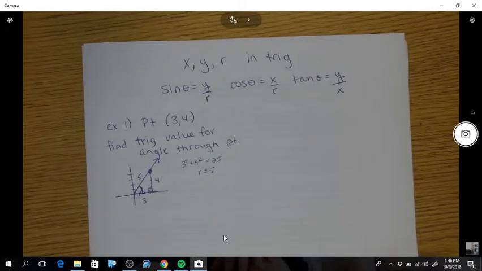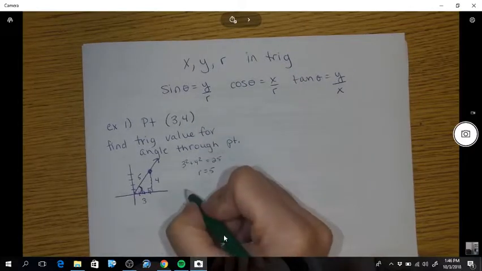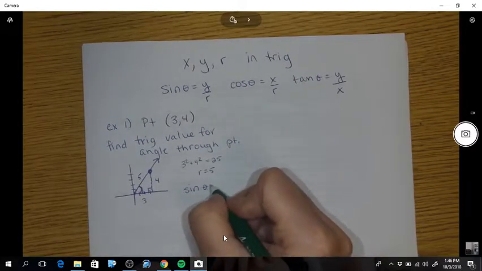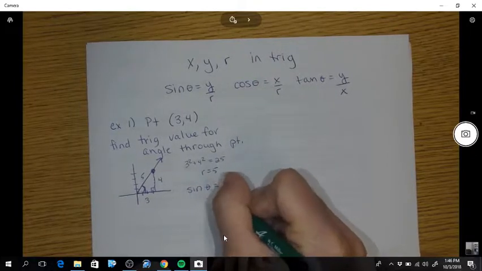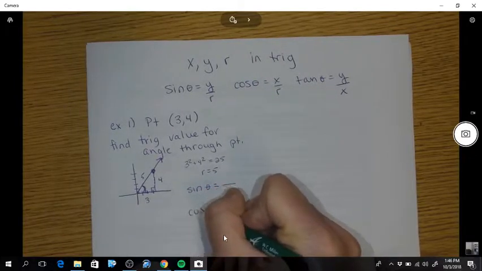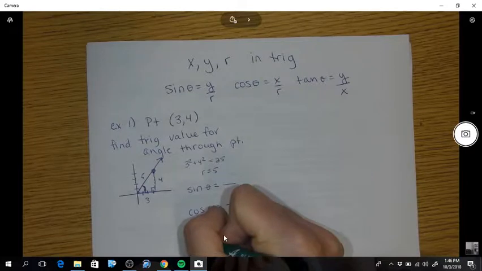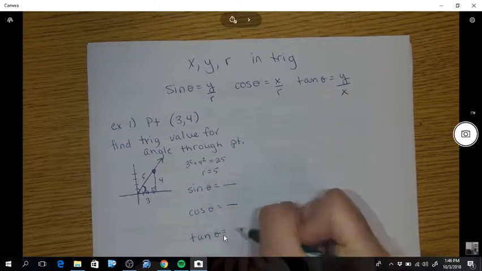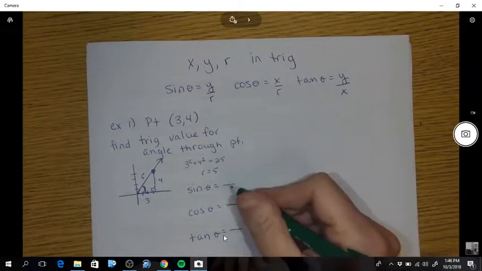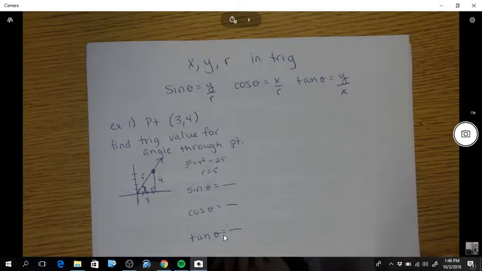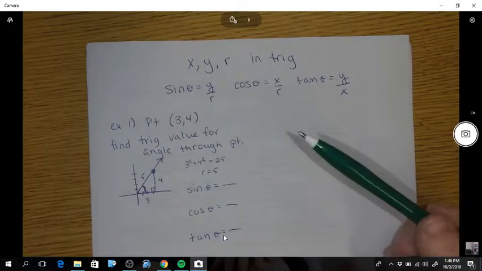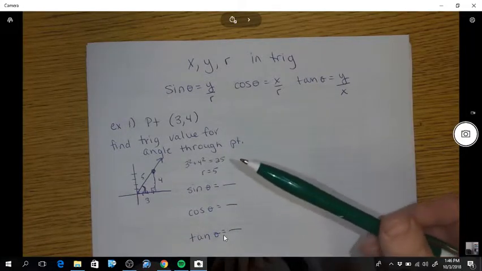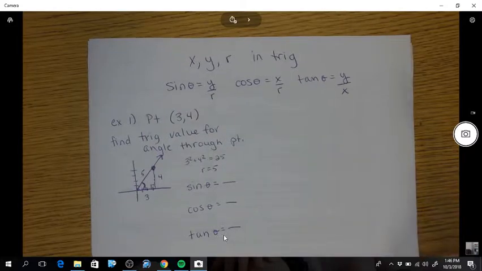Now I'm going to show you 2 ways to get the trig value. Sine of angle is something over something, cos is something over something, and tangent. So we're going to have ratios. You were taught in grade 10 that your sine of your angle is the ratio of the opposite over hypotenuse.